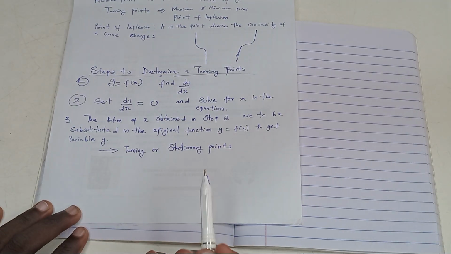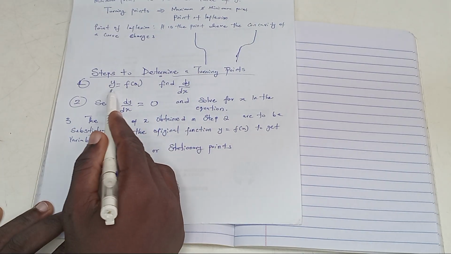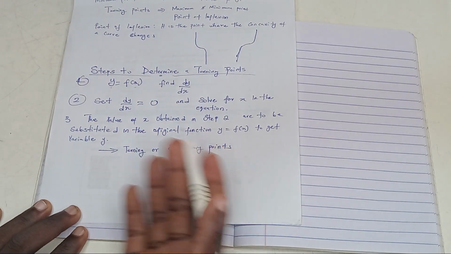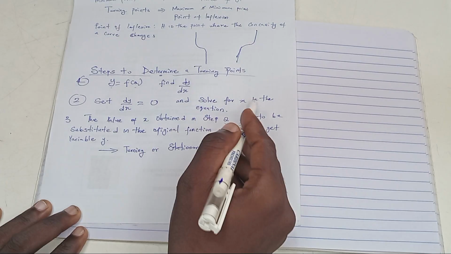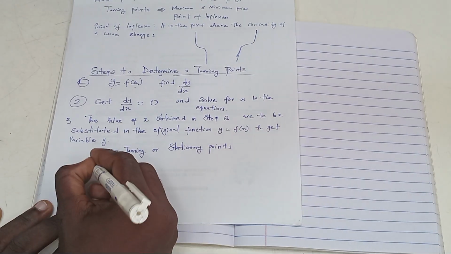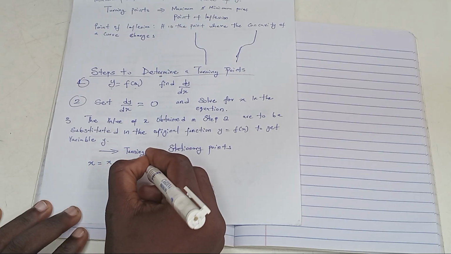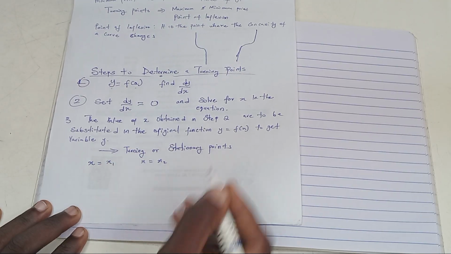So it depends on what you get. If, for example, y is a cubic equation and you differentiate it, you get a quadratic equation. Which means that when you're solving for x here, you have two values, x1 and x2.